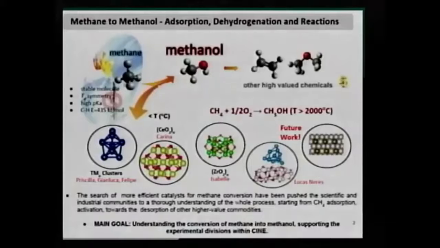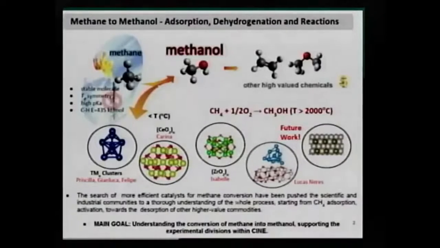So a lot of energy is necessary, and this reaction occurs at high temperature. Our team has been studying different types of materials as catalysts, such as transition metal clusters, oxides, and in future work we also want to investigate supported catalysts, and go to larger sizes, infinite systems like surfaces.